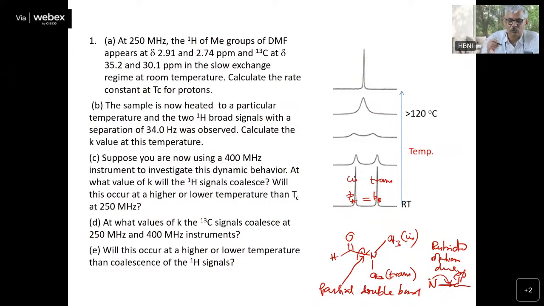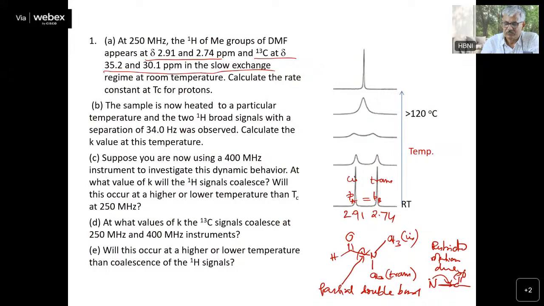Now you see the question. At 250 megahertz, the proton, one each of methyl groups of DMF appears. I have given the chemical shifts, and the 13C value is also given. In the slow exchange regime, means in this condition, this will be 2.74 and this is 2.91.